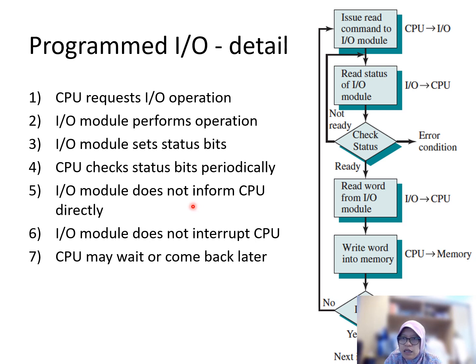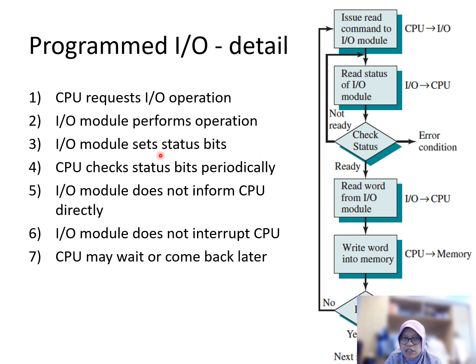So the CPU will execute that instruction by issuing a command to the appropriate I/O module. With program I/O, the I/O module will perform the requested action and then set the appropriate bits in the I/O status register.